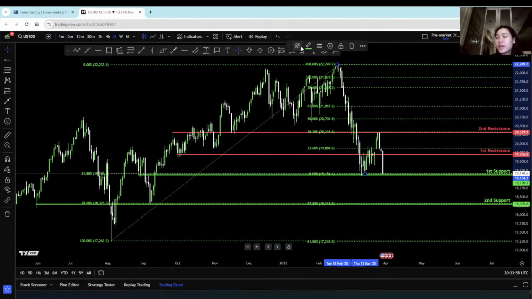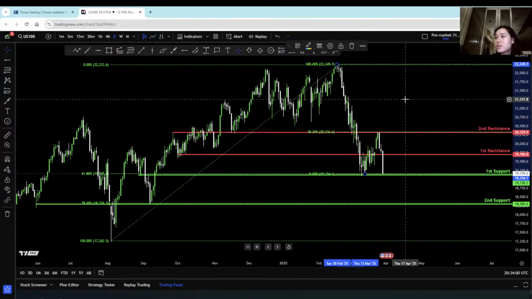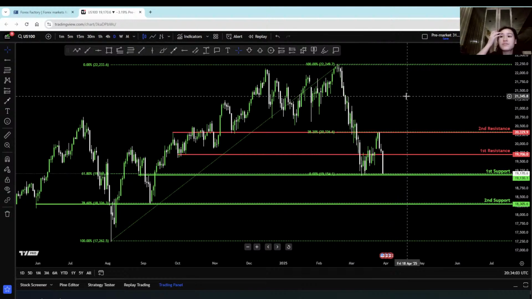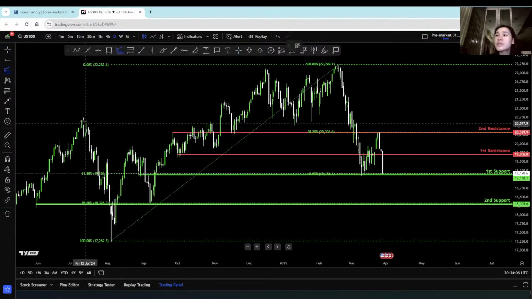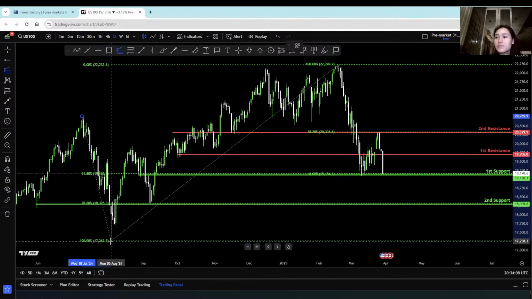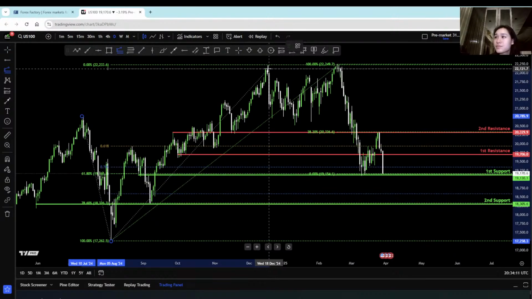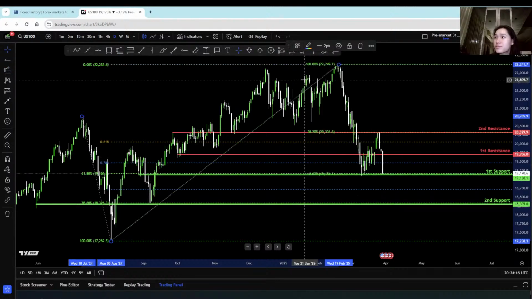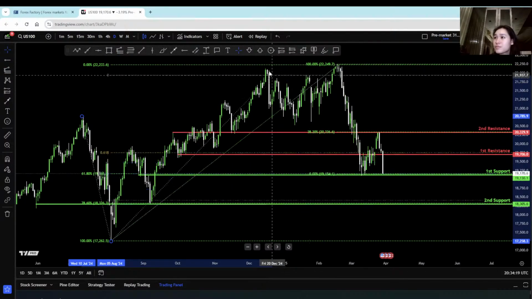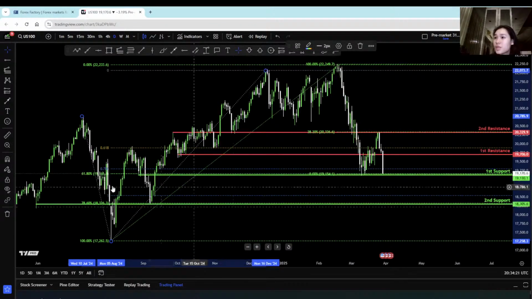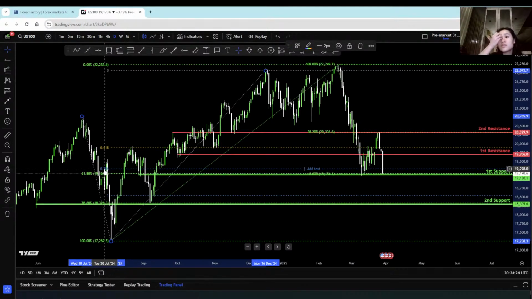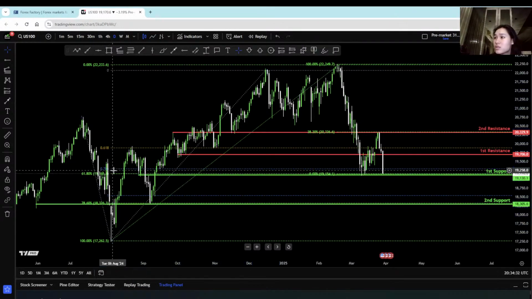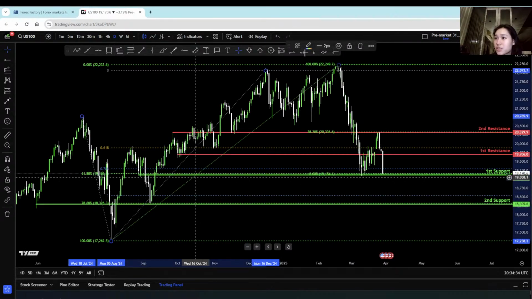Okay, you can see that 38 lining up. Okay, and another projection here. Okay, so this 78 does line up with our, okay, actually the 78 and the 100. I will keep that.